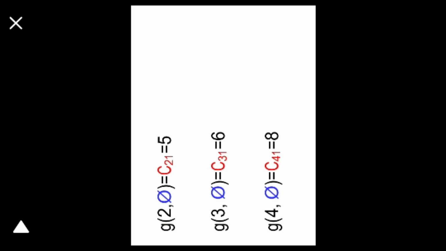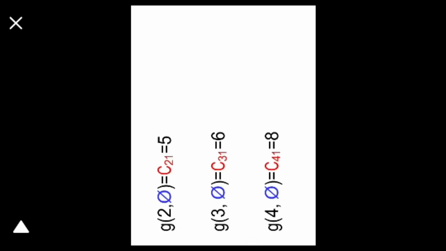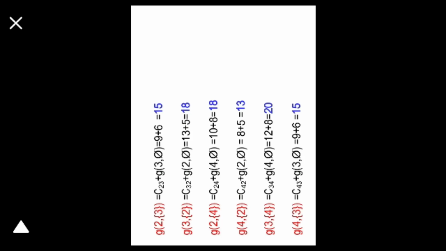So now all unknown functions are computed. After computing this, we have to substitute these values into the equation. Like G of 3 is C23 plus G of 3 to 5. The values whichever we have extracted, we have substituted.